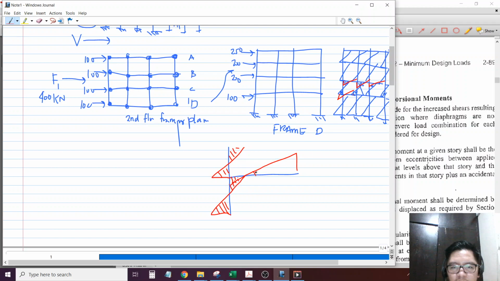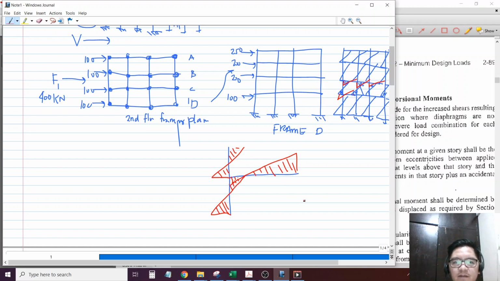Para consistent. Okay? So, negative moment dito, and then negative moment dito sa portion B. I see. Okay, that's it.